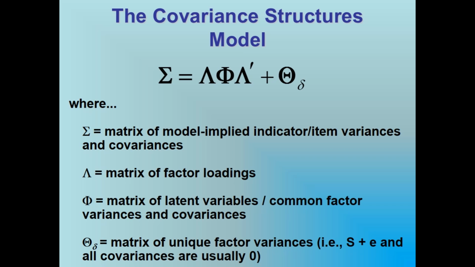But for the most part, all we really care about for measurement invariance is whether that pattern of factor loadings is equal across the groups, whether the latent variables are equal across the groups, most importantly whether the means of those latent variables are equal across the groups, as well as whether those error variances are equal across the groups.